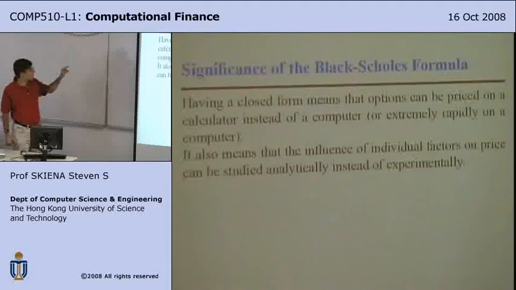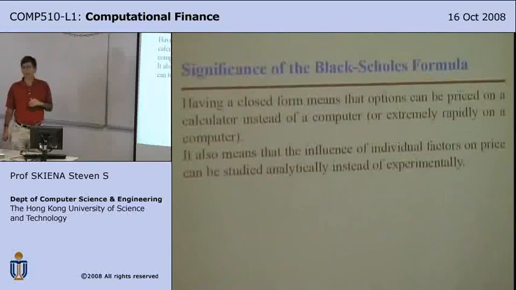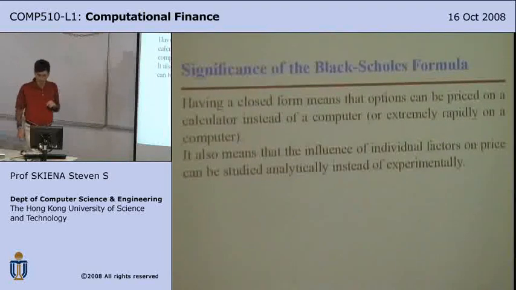It also gives us a model to understand what the individual factors are on price and how they affect it. And that is interesting to think about. On a level of understanding what's going on, having a closed form is a good thing. Any questions? All of that should be believed.